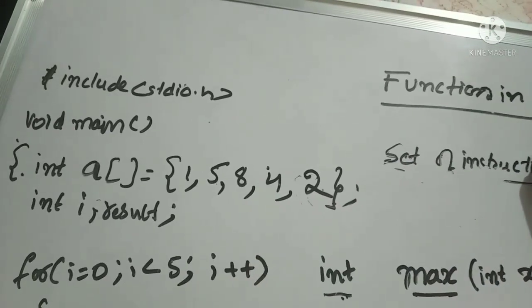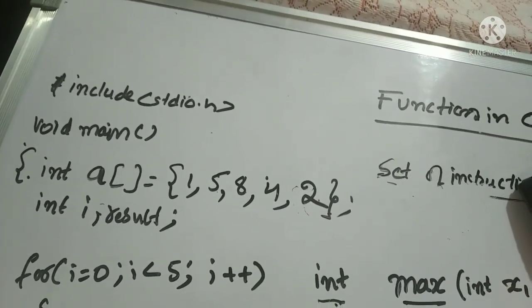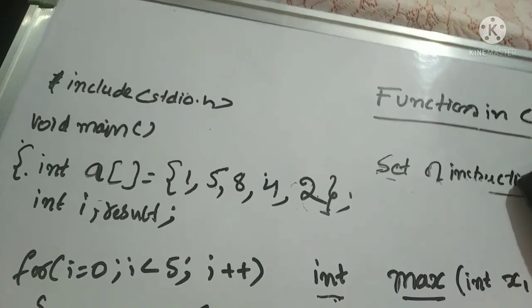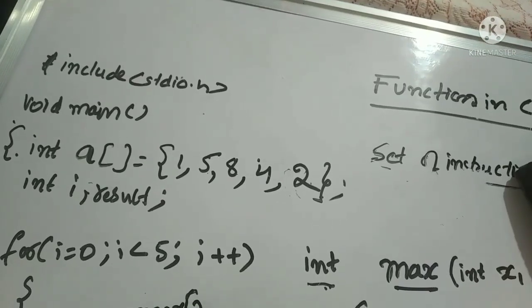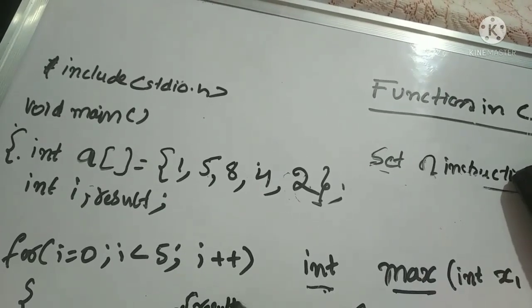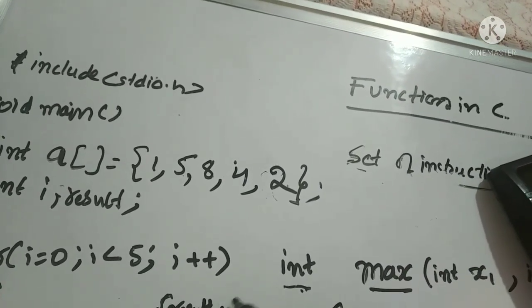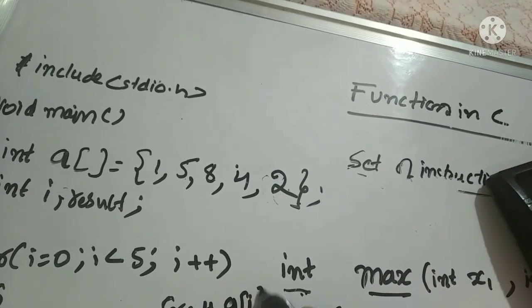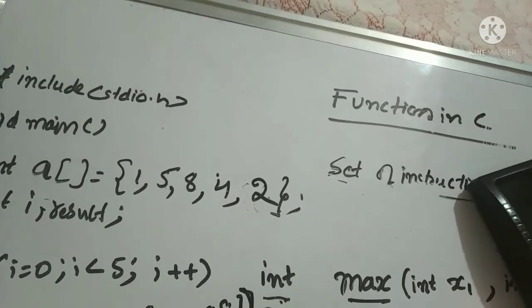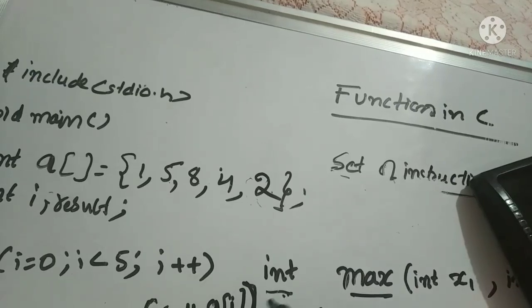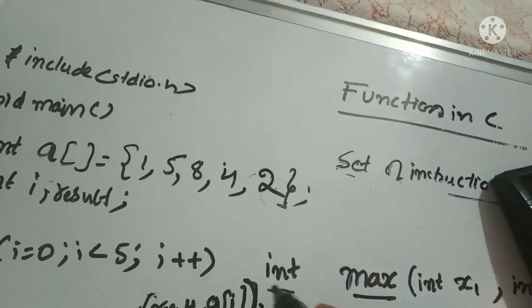So result is equal to max of result comma a of i. Then I have to put the small bracket, so I think you can notice.